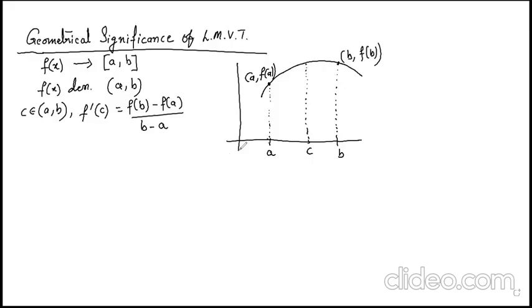Now think about this part, because the geometrical significance of f dash C is known to us. It is the slope of the tangent at the point C on the curve. So this is the tangent at the point C, like this. Now think about this part.